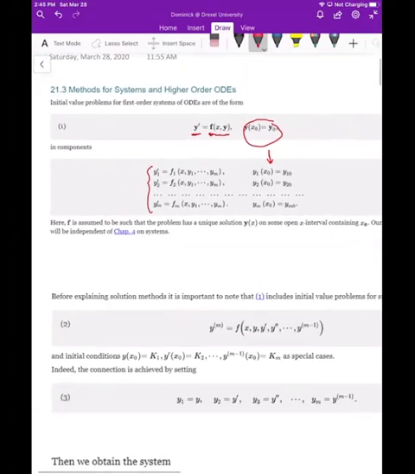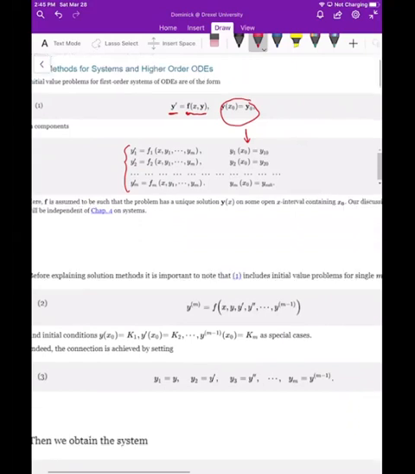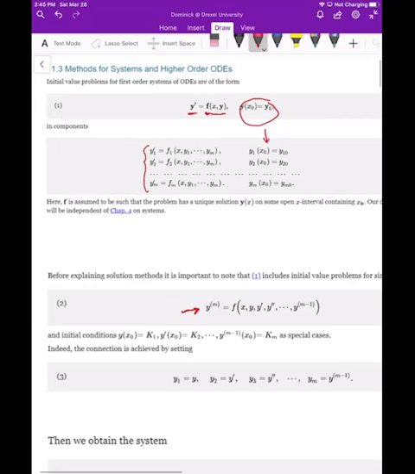Now, before we talk about some solution methods, we should note that if you have a single mth order ODE, meaning the mth derivative of a variable y equal to some function of the lesser derivatives, you would then need m initial conditions.